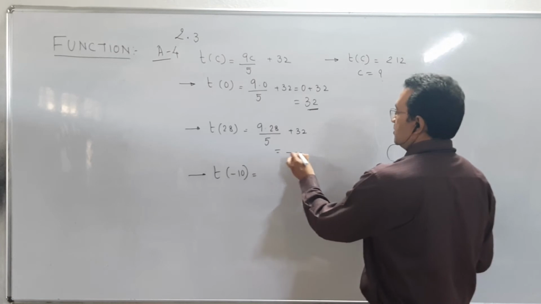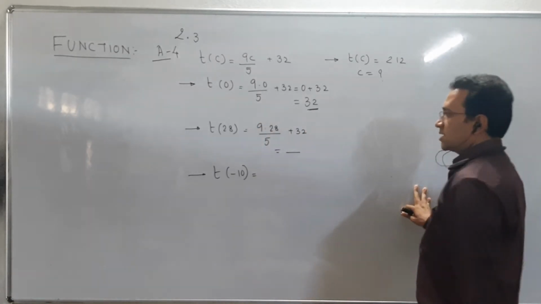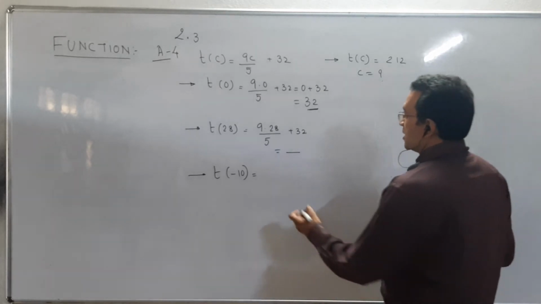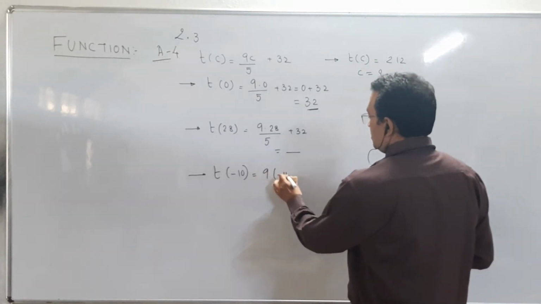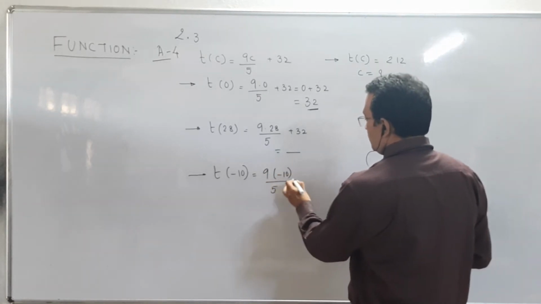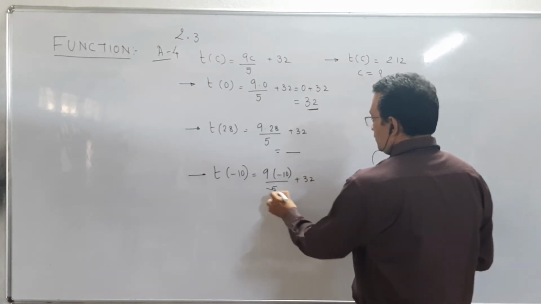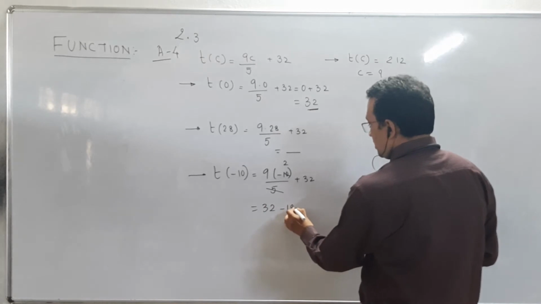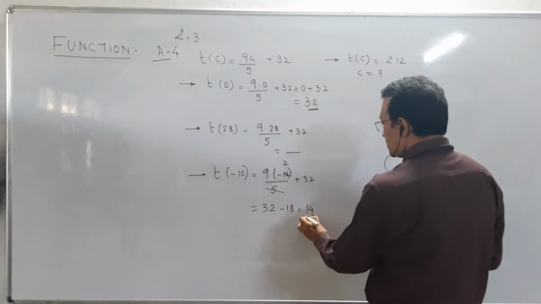You can take LCM and simplify. Just I request you to do on your own. Now T of minus 10, 9 into minus 10 upon 5 plus 32, 5 twos are 10. So 32 minus 18, so the answer is 14.